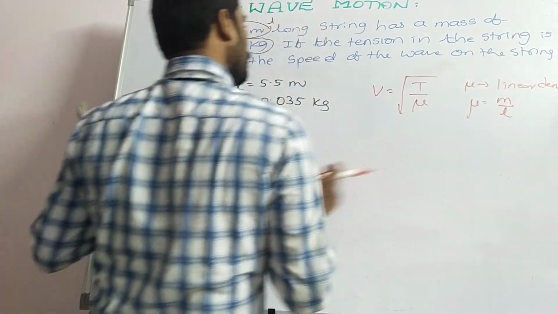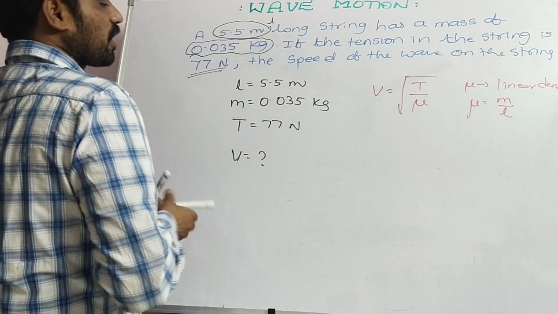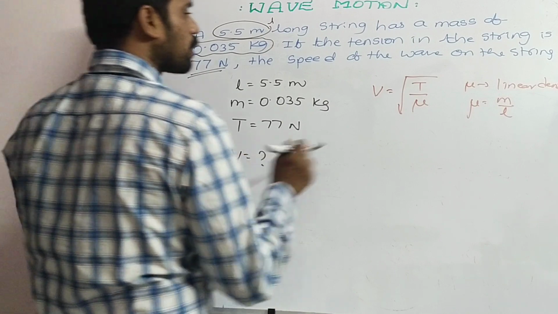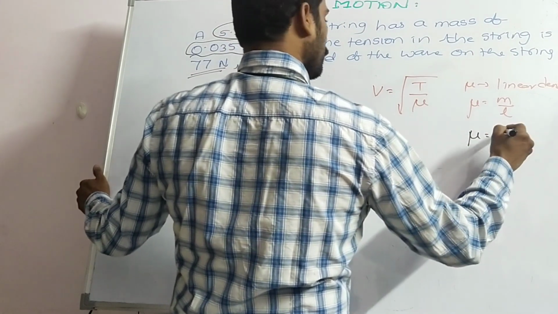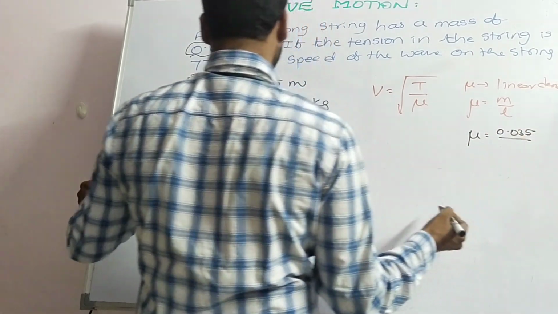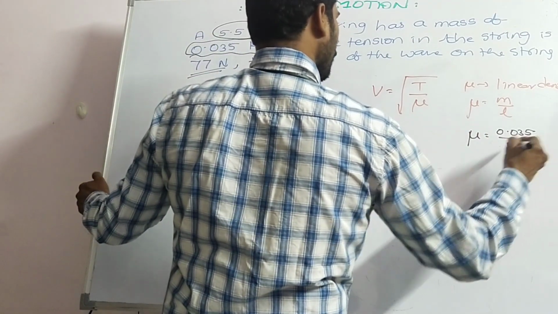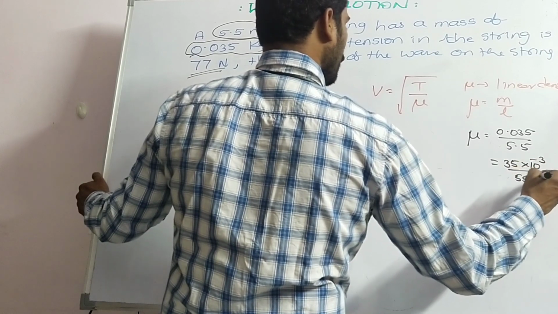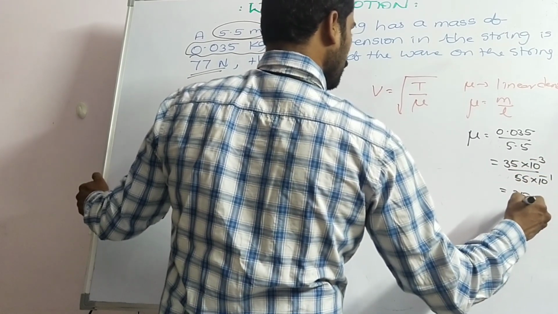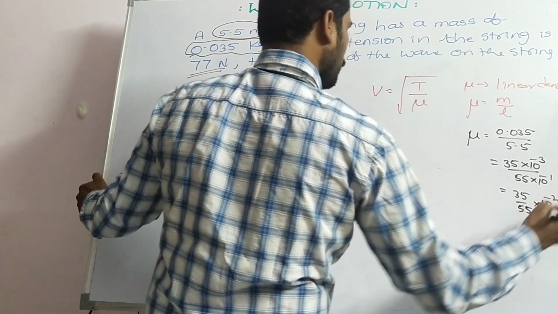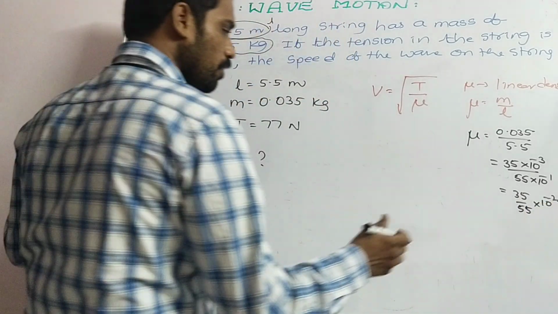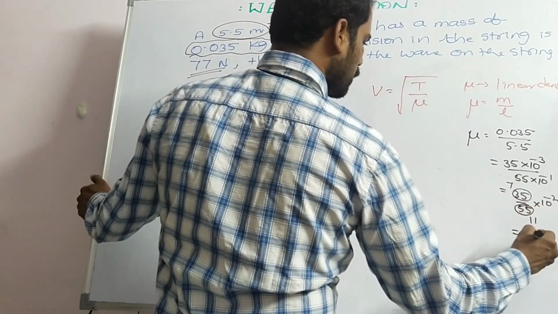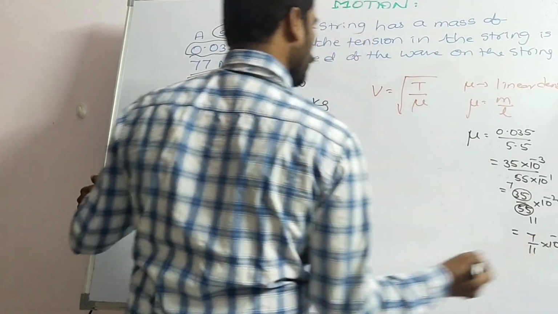Mu is equal to M by L. Now mu is equal to 0.035 by length L, 5.5, that is equal to 35 into 10 power minus 3 by 55 into 10 power minus 1, 35 by 55 into 10 power minus 2. 5 sevens, 5 11s, that is equal to 7 by 11 into 10 power minus 2.